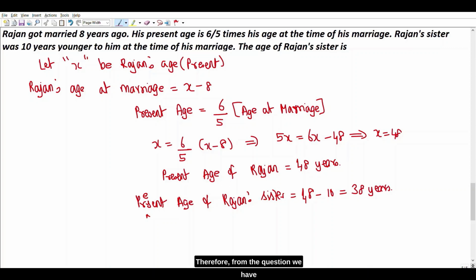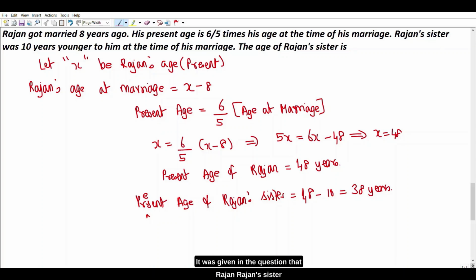Therefore, from the question, we have identified the age of Rajan's sister. It had been given in the question that at the time of marriage, Rajan's present age is equal to 6 by 5 times his age at marriage. Therefore, x is equal to 6 by 5 of x minus 8 because his marriage happened 8 years ago. We found his present age as 48.